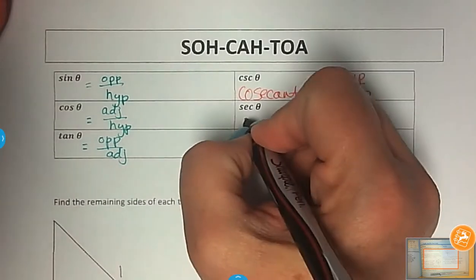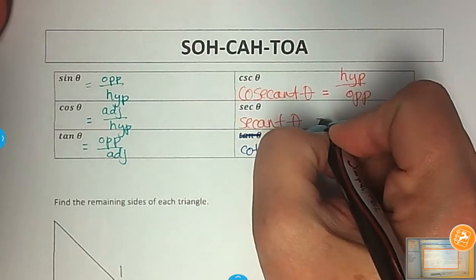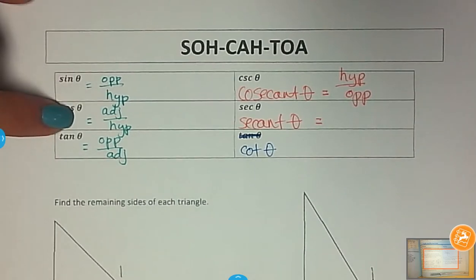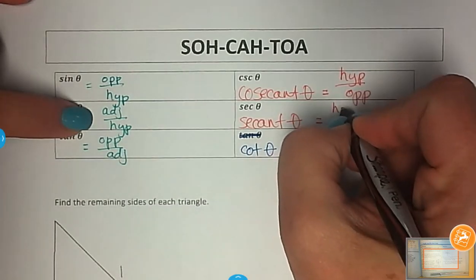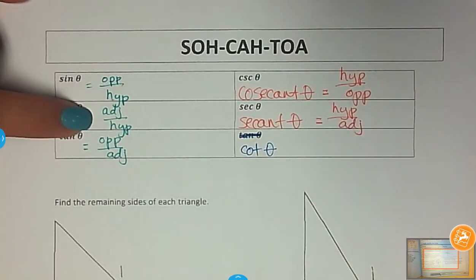SEC stands for secant, and it is the reciprocal of cosine. So when I flip this fraction upside down, I get hypotenuse over adjacent.